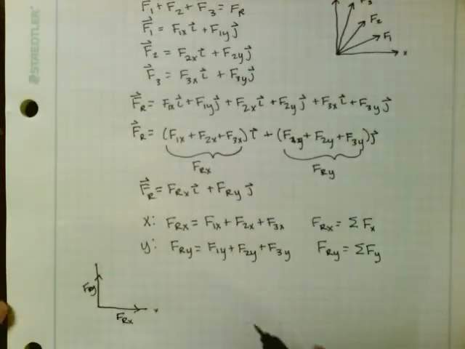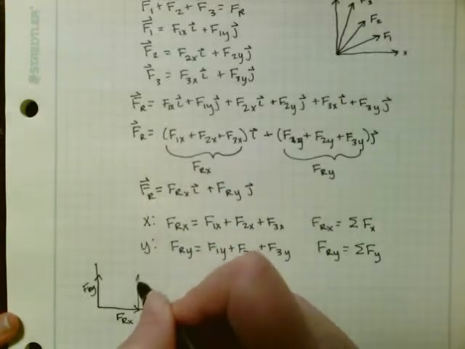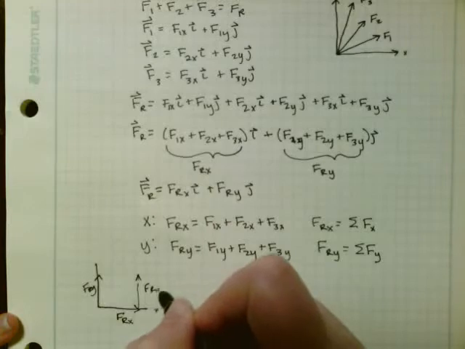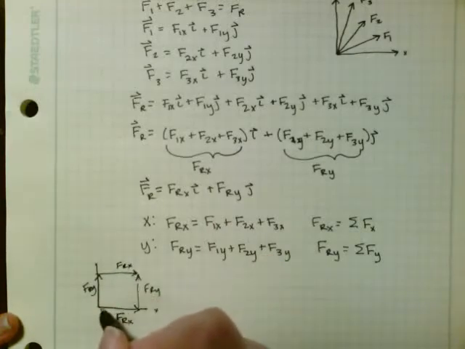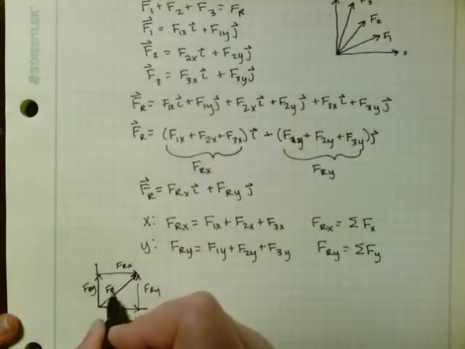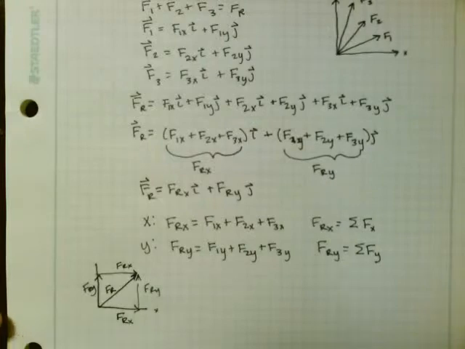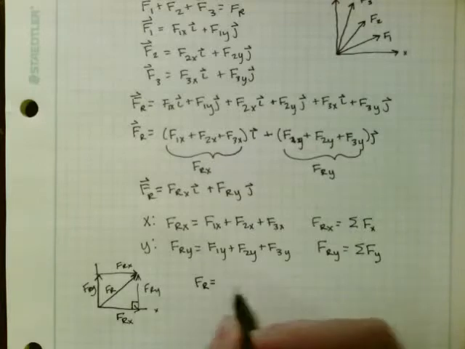So it's basically the parallelogram law again, in that you can make your parallelogram with FRy, FRx, and you get FR. Now this is the special case where it's a right triangle, since x and y are right angles from each other. So if that's a right angle, then FR can be solved using the Pythagorean theorem.